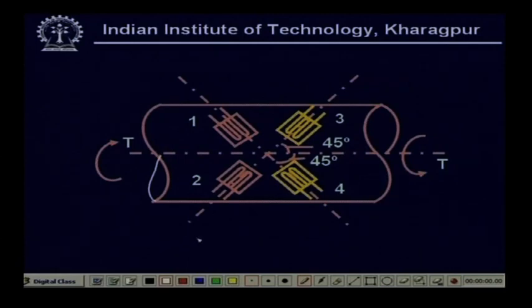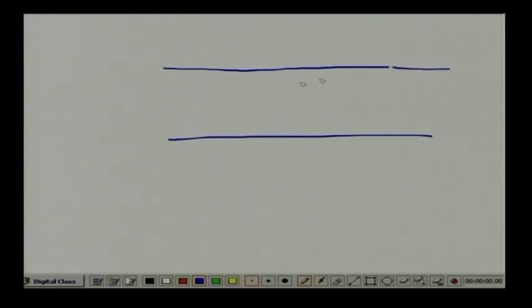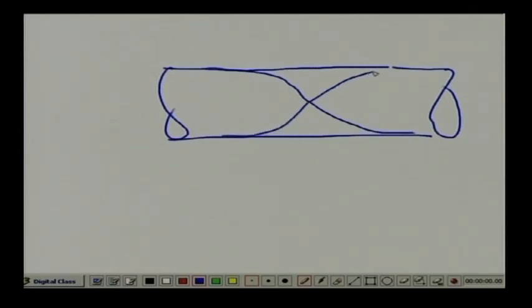If I take a blank page and take the shaft like this, these strain gauges are installed on a 45-degree helix. It will look like this, right. So the 4 strain gauges are here; these strain gauges you cannot see from this side, okay. That is on the other side of the shaft.